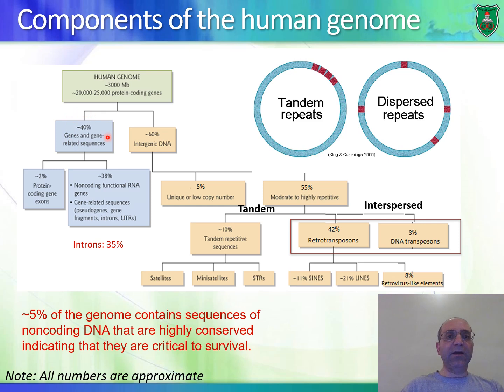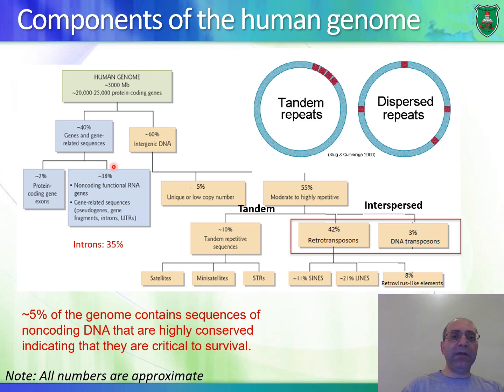But if you look at human genes, the 40%, about 2% of the human genome is composed of the protein coding regions, that is exons, the regions that make mRNA, messenger RNA, that makes proteins. Okay, and 38% is non-coding.